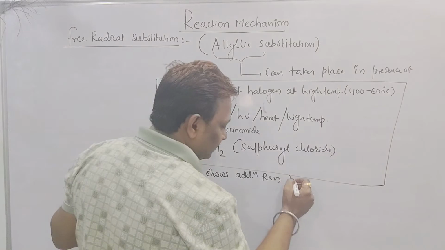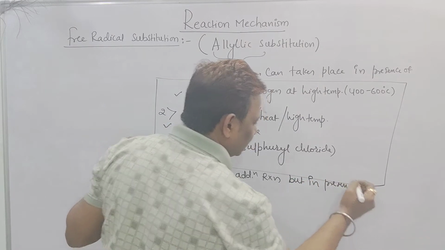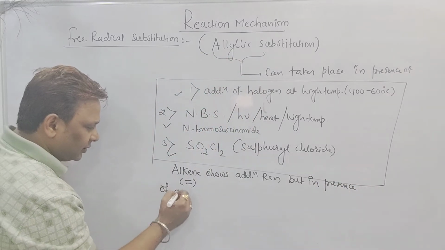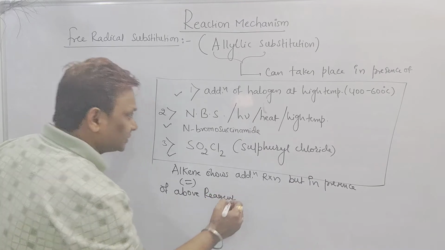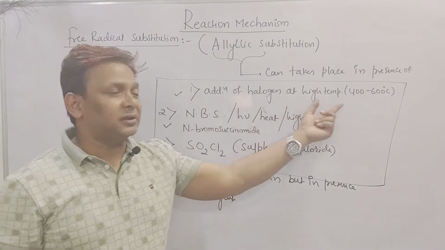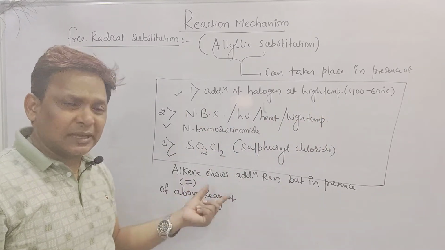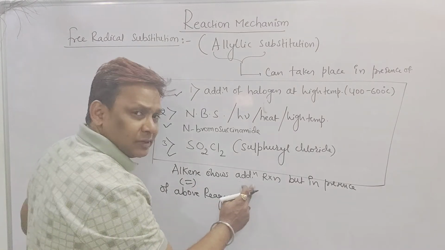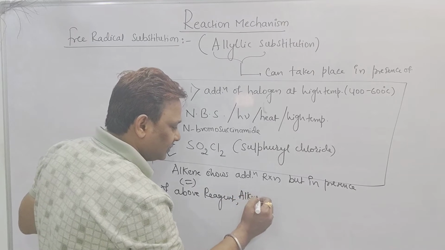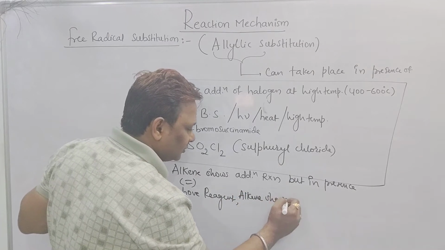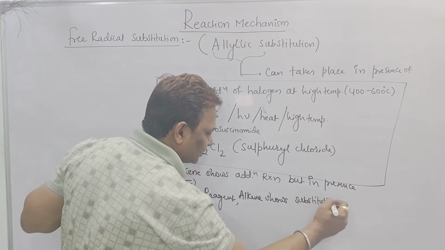But in presence of above reagents, what are the above reagents? Addition of halogen at high temperature, or NBS, or sulfuryl chloride. Among these, any one, beta. So alkene always shows addition reaction, but in presence of above reagent, alkene shows substitution reaction. Please beta remember this point.